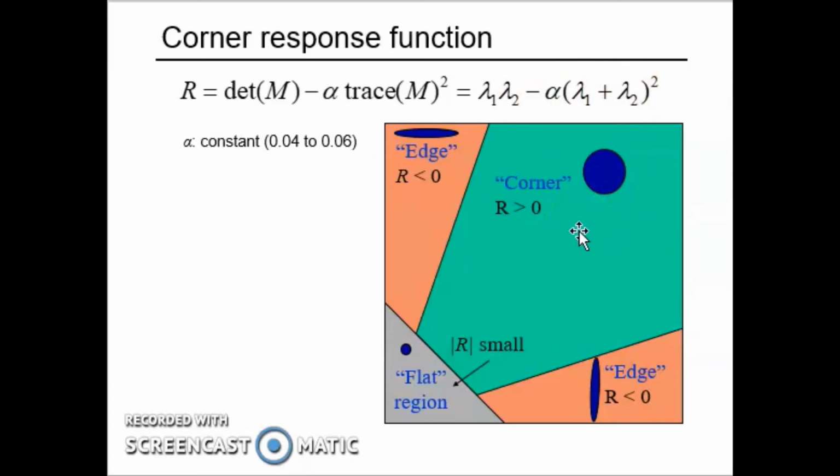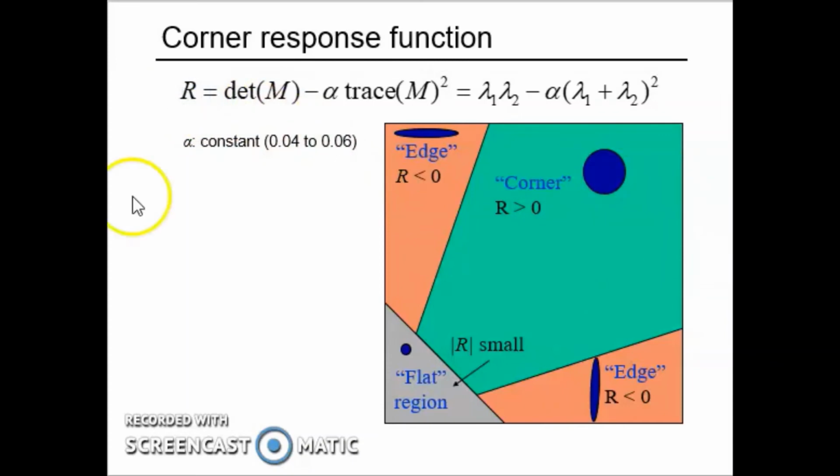It's important to model this because if we have an edge, we are not really concerned about whether it is a horizontal edge or a vertical edge. We are mainly interested in that window. Once we place that window at a particular location, we have variations in all directions. So that is our point of concern. That is the corner over here.